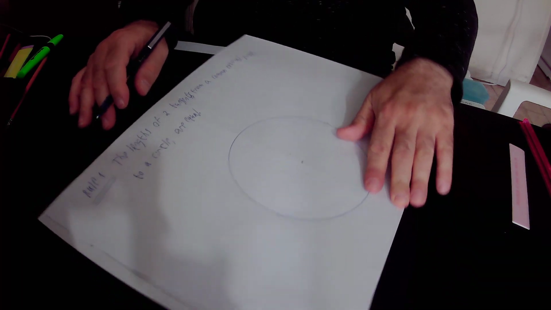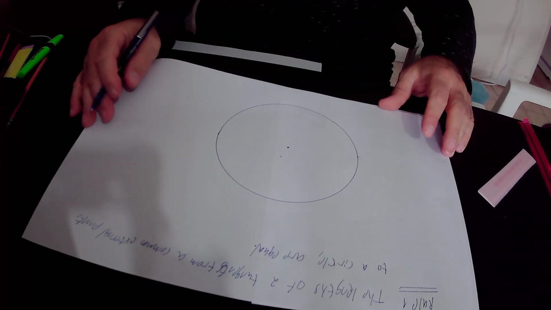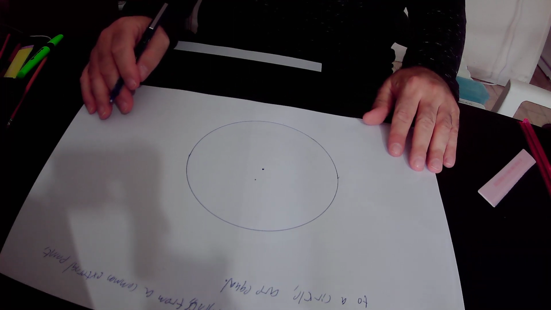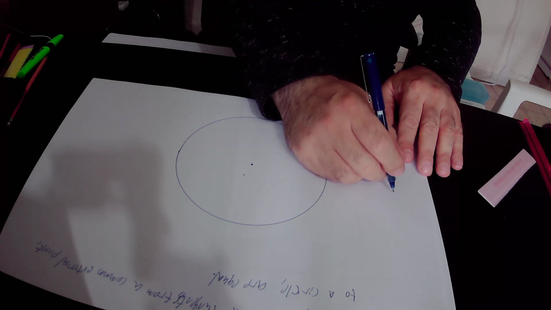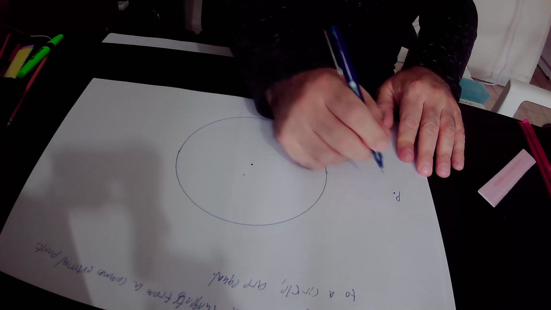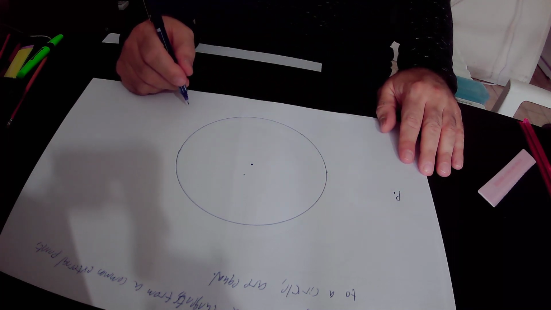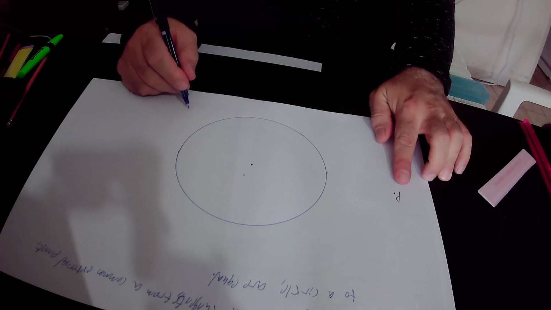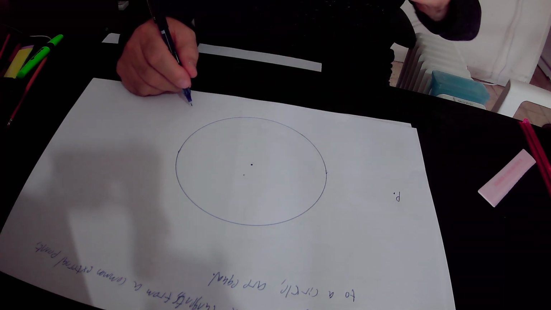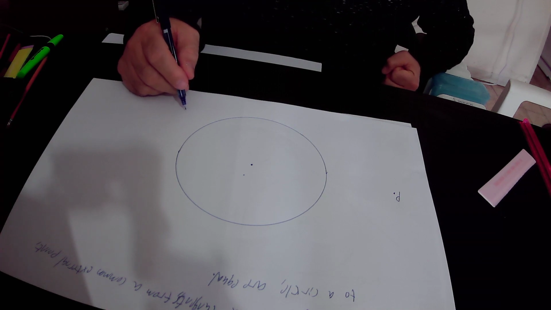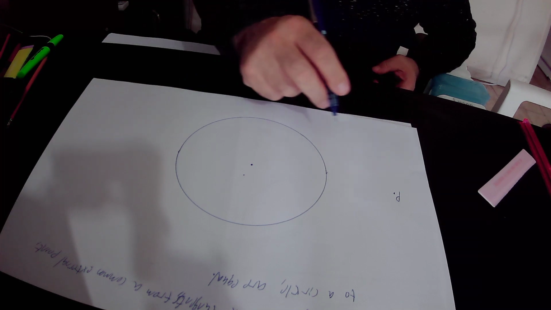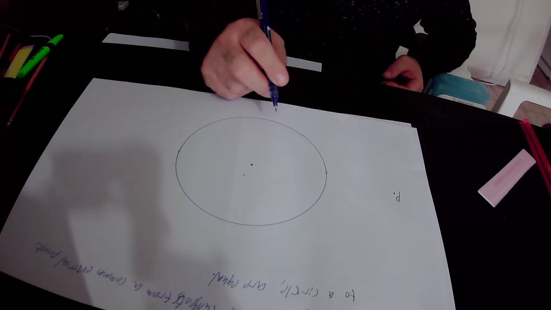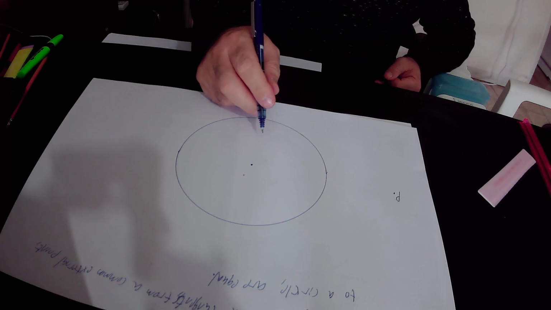So actually we have a circle and this point, we define this point as point P. Point P is defined as an external point in relation to this circle. Why? Because point P is not located inside this circle nor on this circle, but it is located outside of this circle. Therefore point P is defined as an external point of this circle.